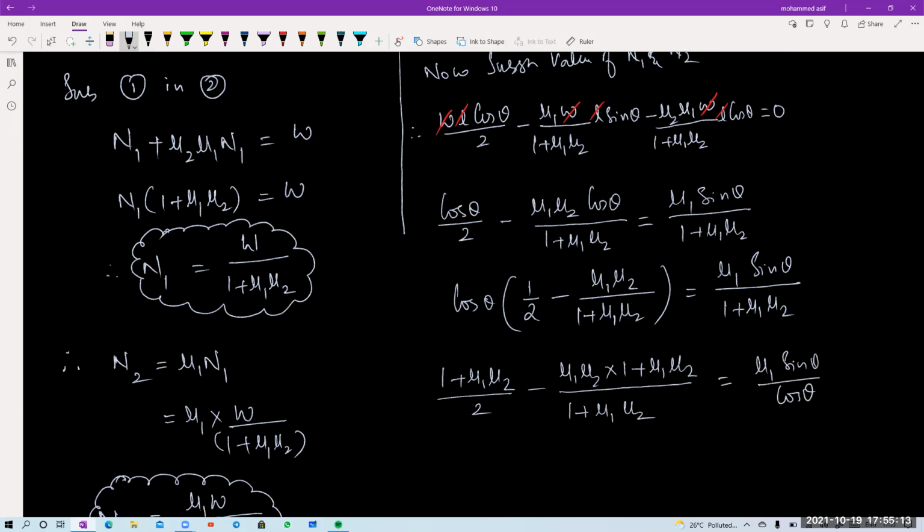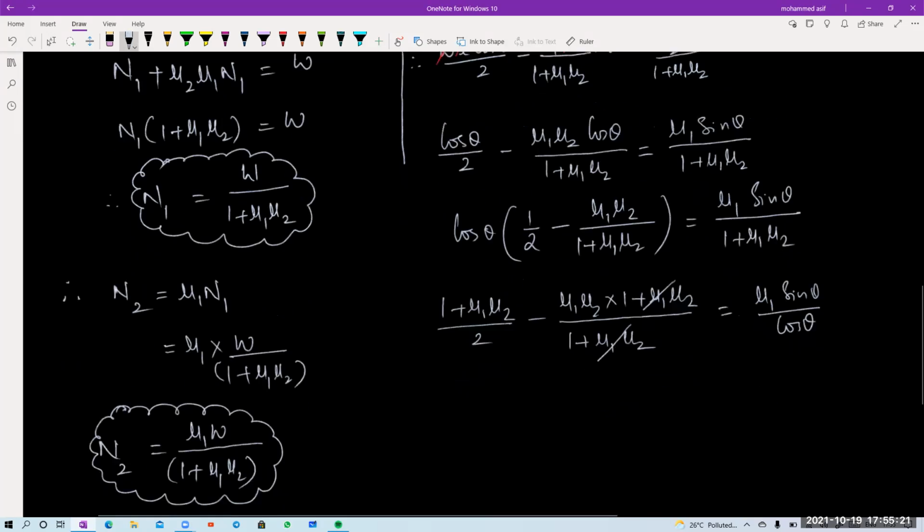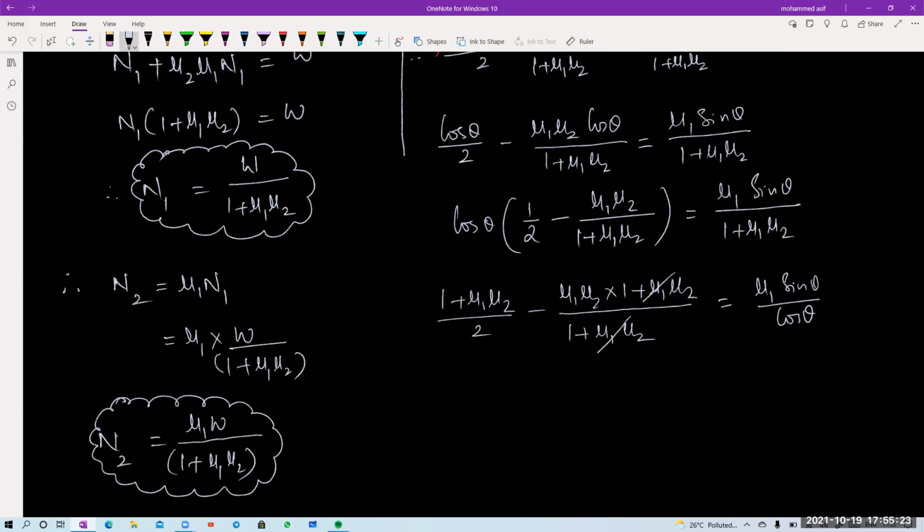So what can I take common here? Is anything getting cancelled, you see. In this one, this one and this one will get cancelled. So it is 1 plus mu1 into mu2 minus mu1 into mu2. This total term will get cancelled. So it is 1 plus mu1 into mu2 divided by 2 minus mu1 into mu2 divided by 1.